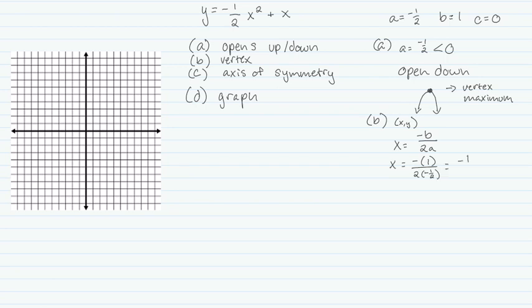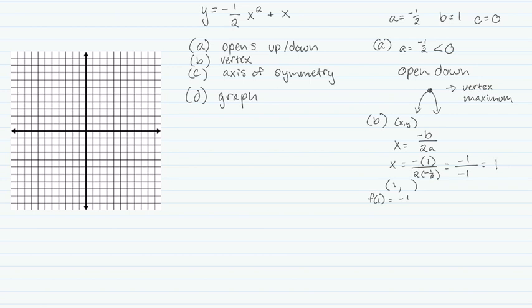That becomes -1 over -1. I would be careful about how you deal with fractions. Different problems will yield different results. -1 divided by -1 is 1. So at this point, we know that the x value for our point is 1, and we need to find the y value. If you have an x value, substitute that in.